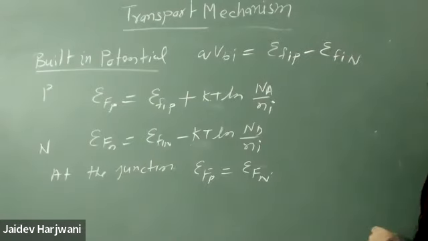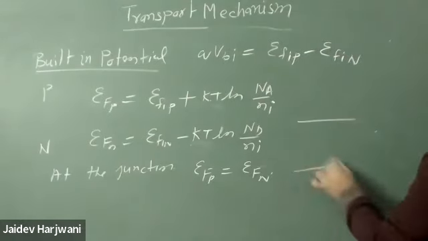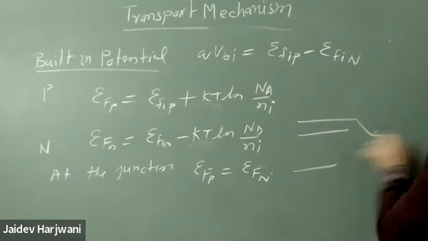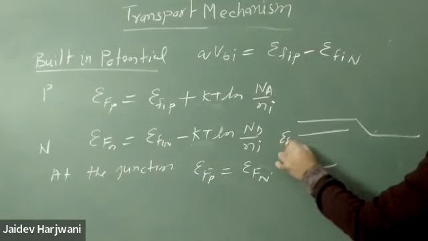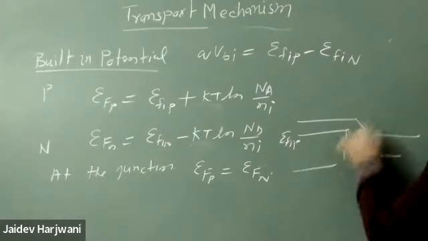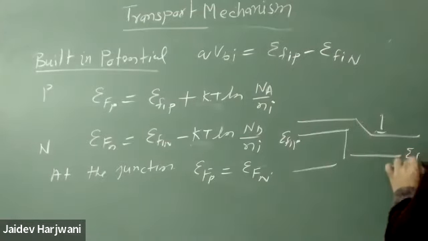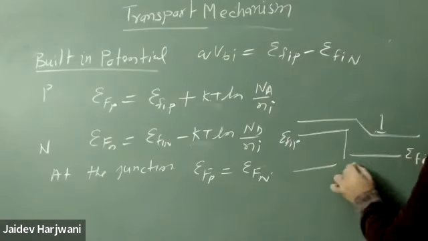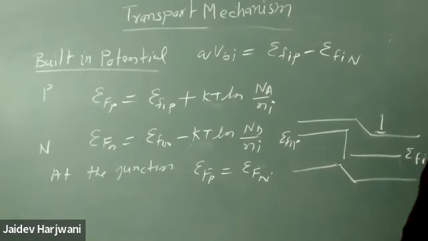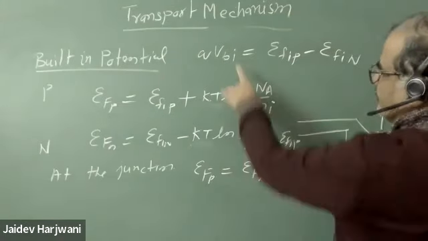In the diagram you have seen the difference between this EFP and EFN. This difference is called your QVbi.